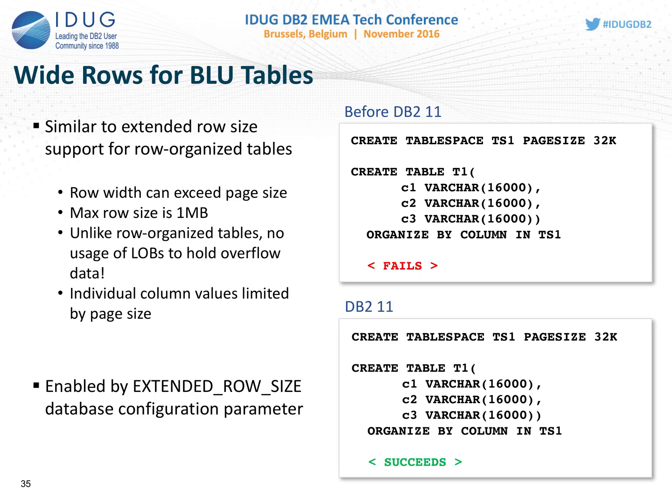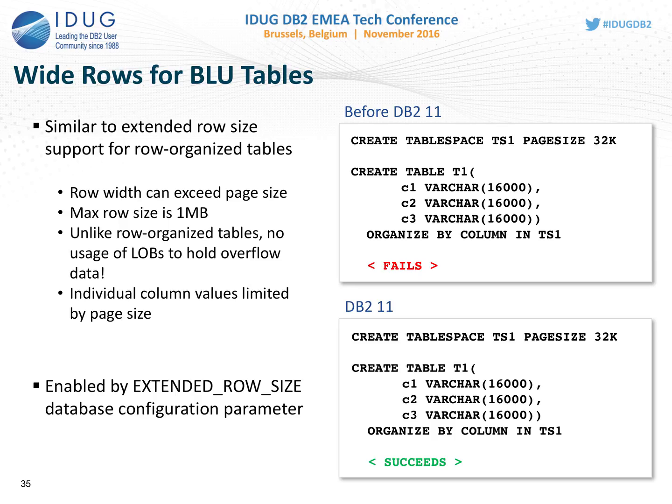So what we mean by wide rows is, let's say you have a table space with 32K pages, and if you were to define a table with 3 varchar columns, all of them varchar 16,000, then before DB2 11 with BLU, this would fail. Now this is possible.